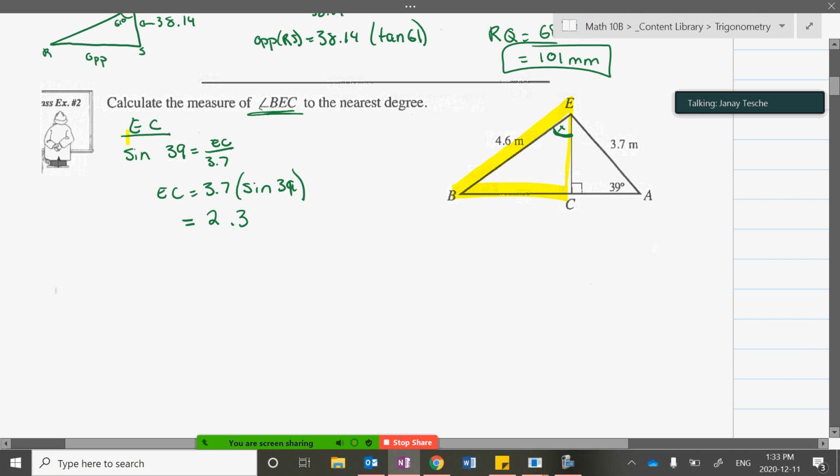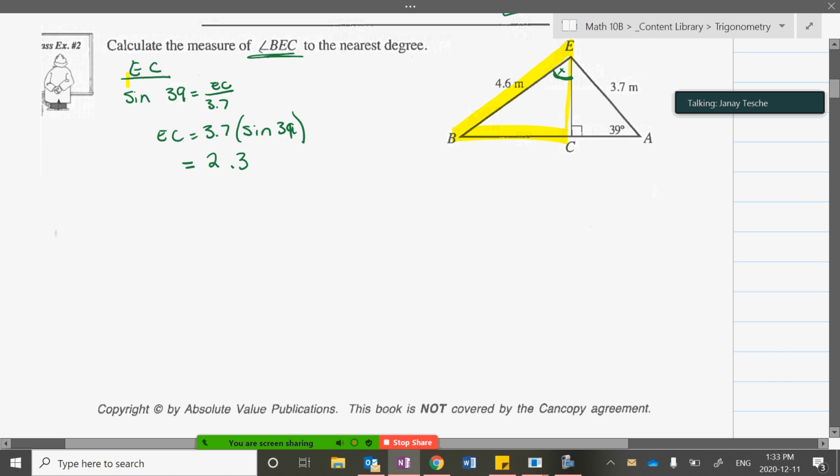And you still get 2.9? Did you do the sine of 39 and then round that answer? But still. Enter it again. Maybe you just, I don't know, that's weird for you to round differently. You did it on your graphing calculator too? Okay.